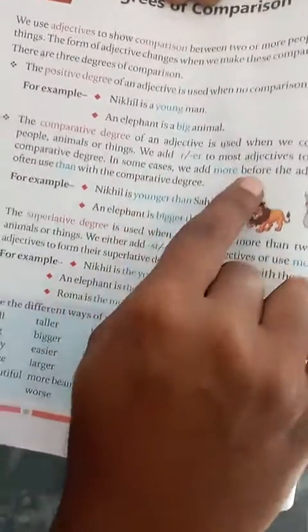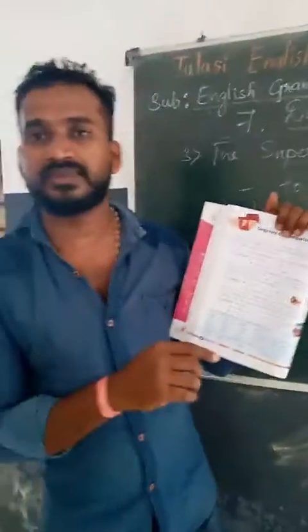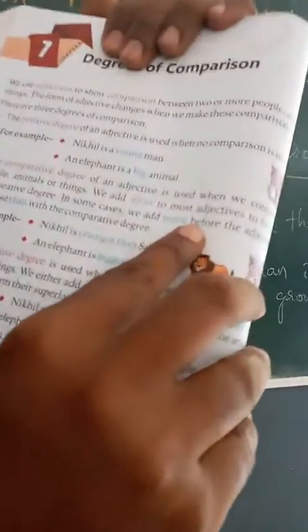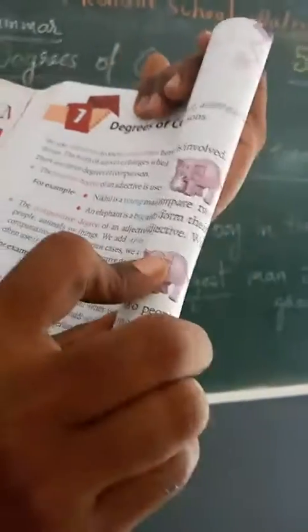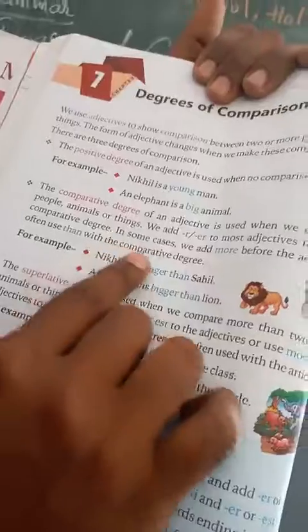In some cases, we add more before the adjective. I gave the example: Taj Mahal is more beautiful than Red Fort. See, more is used in the comparative degree before the adjectives. We often use than with the comparative degree.